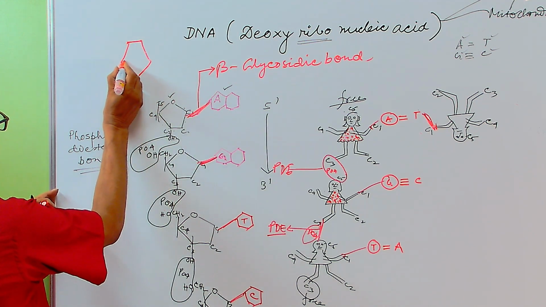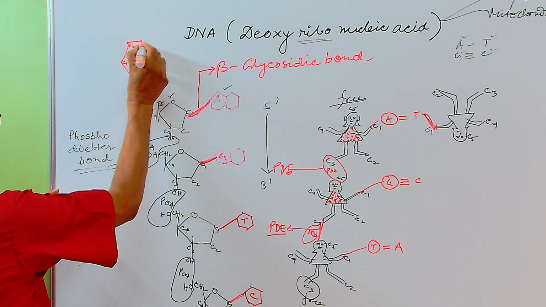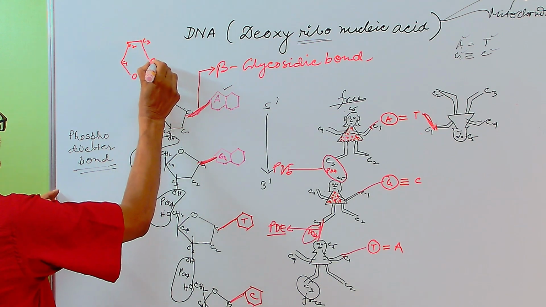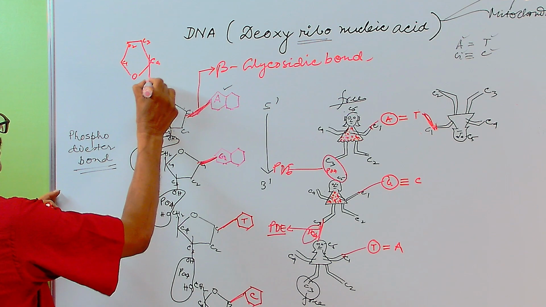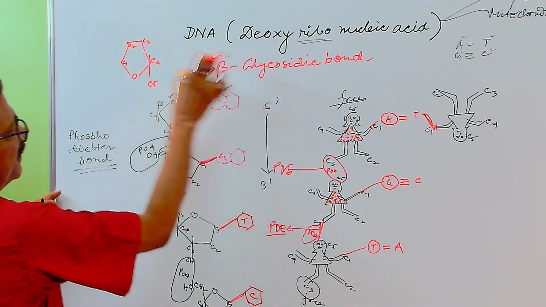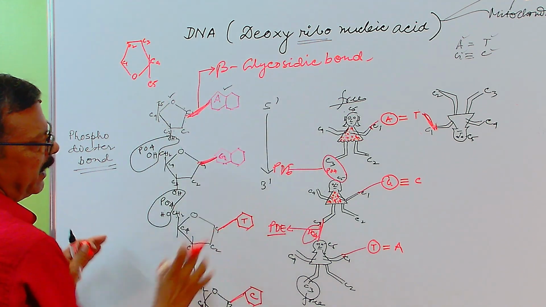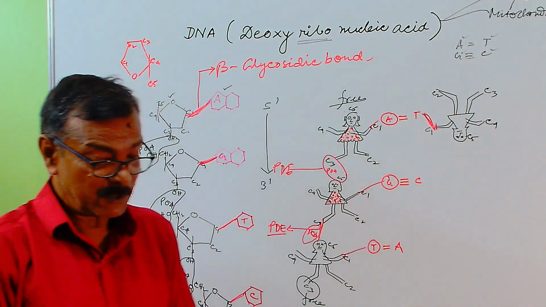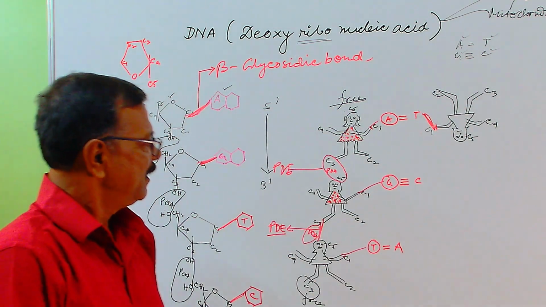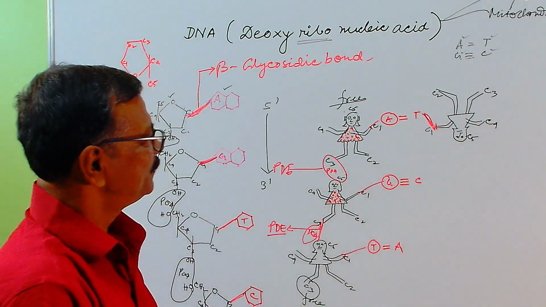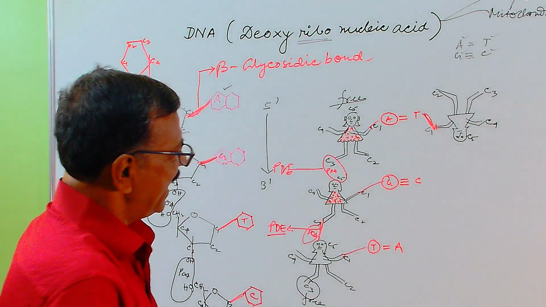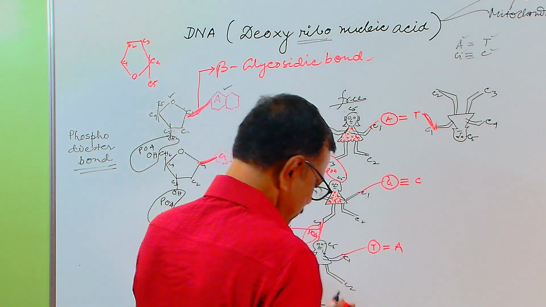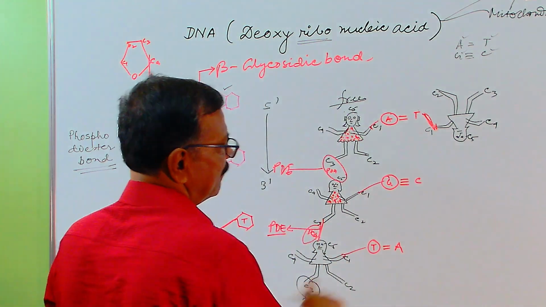Here it will be C1, C2, C3, C4 and C5 here. You put this figure here, only then you can join. So the sugar will be in the reverse way. It will join. Now you see, the problem is that it will again join with another.